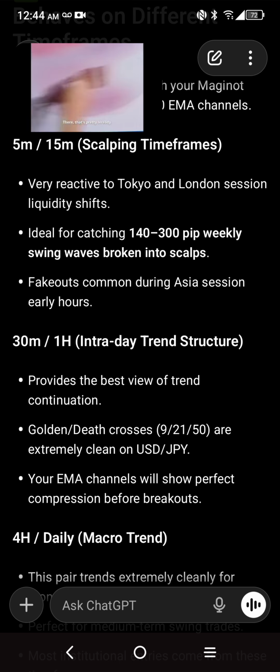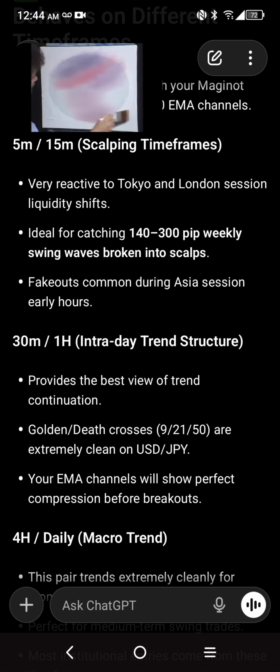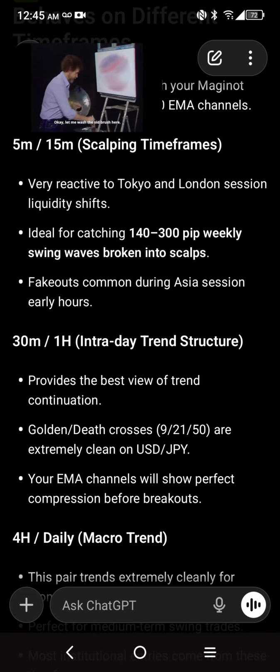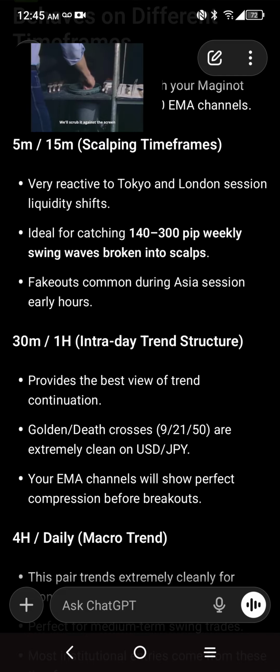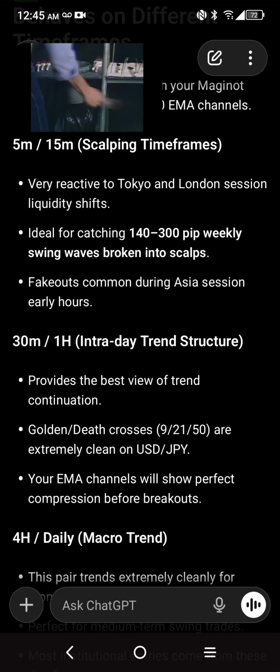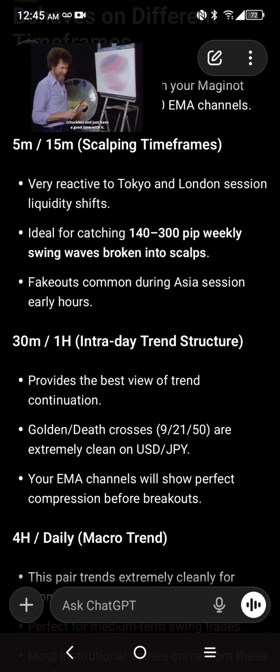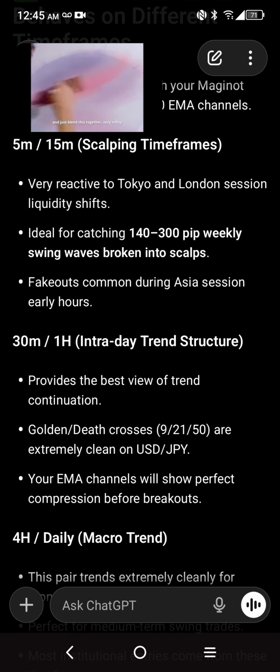Your EMA channels will show perfect compression before breakouts. Of course, you'll see that. And this ChatGPT is pretty much answering my query because of how many questions I have typed in, just brainstorming and looking for certain answers in particular. So it's answering me in kind, in likeness.